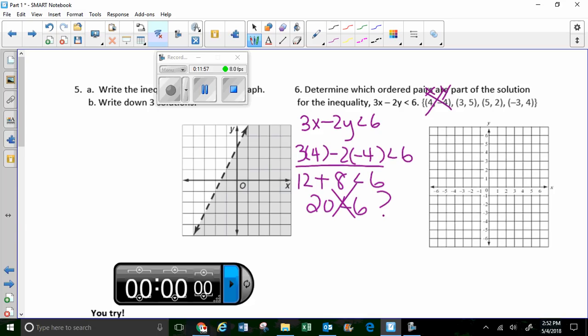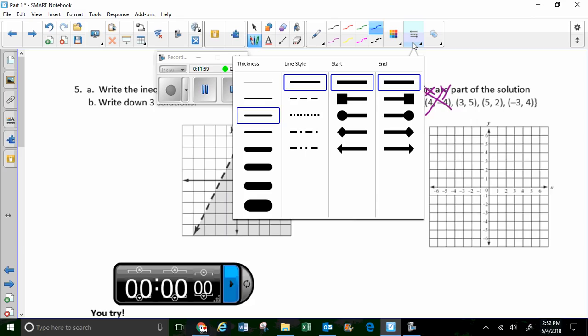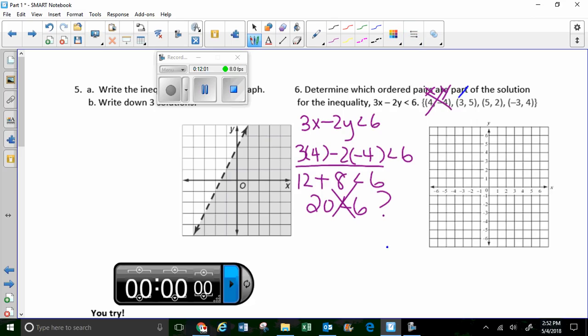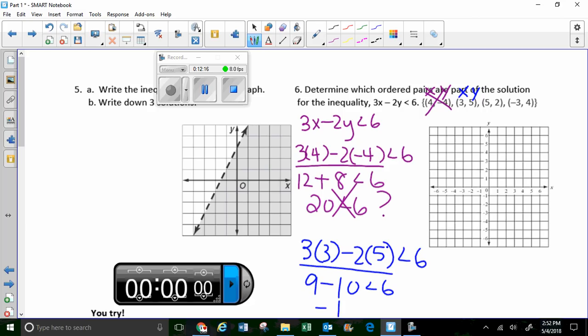What about 3, 5? Let's try that one as well. So plug in x, plug in y. So 3 times 3 minus 2 times 5. Is that going to be less than 6? Well, 3 times 3 is 9. 2 times 5 is 10. 9 minus 10 is -1. Is -1 less than 6?